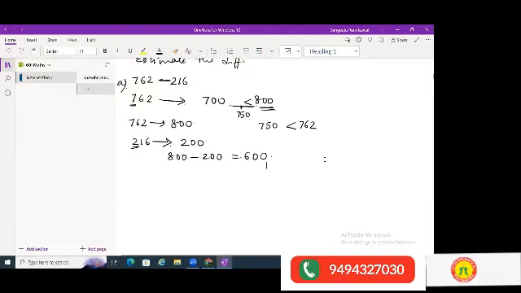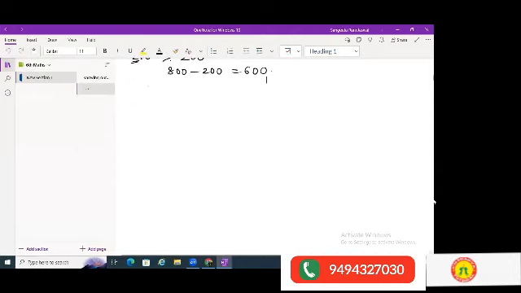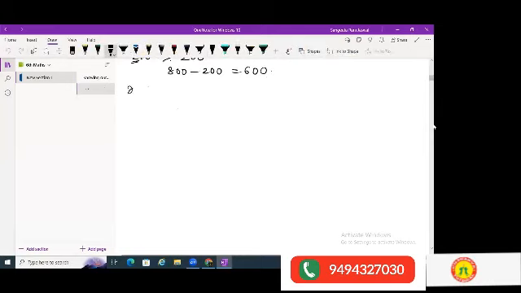Okay, this was your page we were doing. Now write down the sums. Estimate. We have to estimate first and then add.